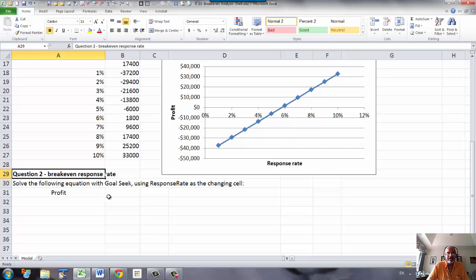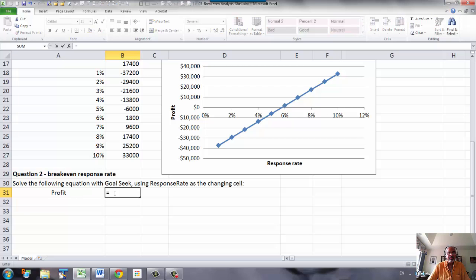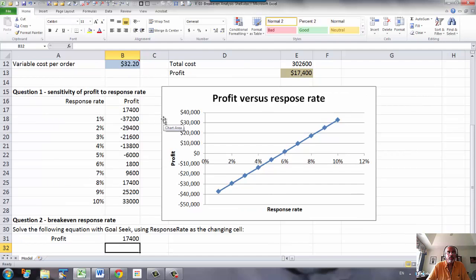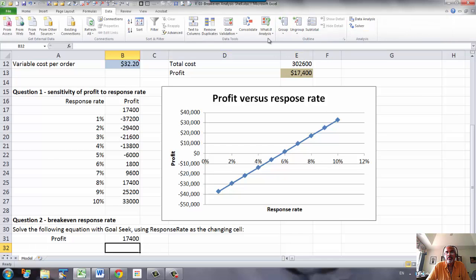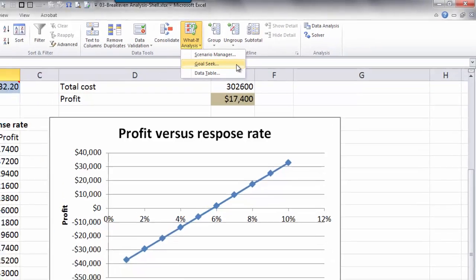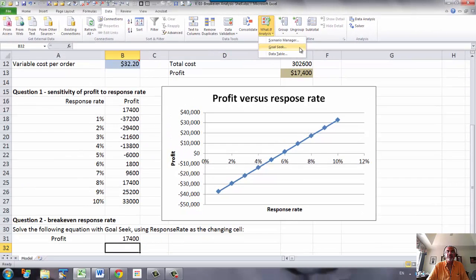And what is that exact point? So let's set up the profit right here. We can use the command called goal seek. See right there. You can use goal seek to find the exact point at which profit will be 0. In other words, a break-even point.